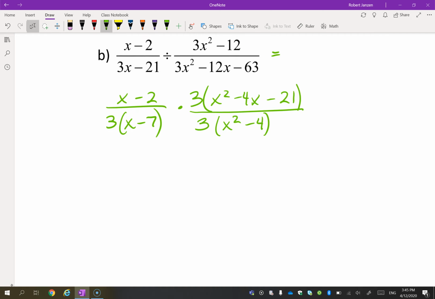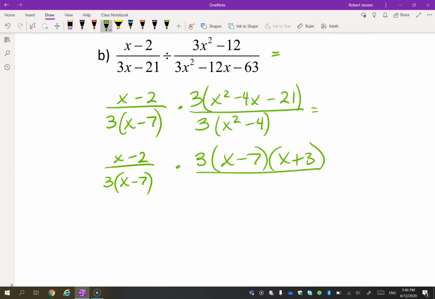So that's written as multiplication now. Let's take it one more step. Let's factor. So this is x minus 7, x plus 3, and this is x plus 2, x minus 2.